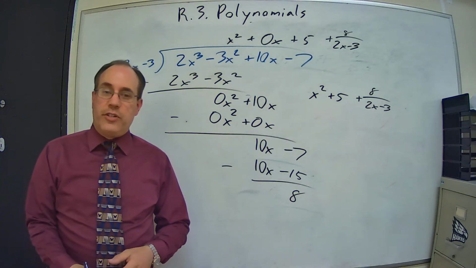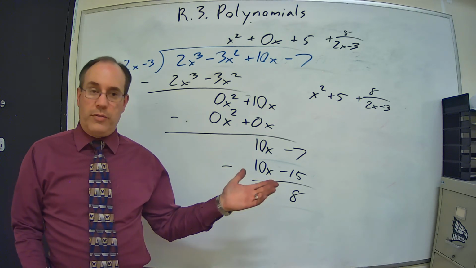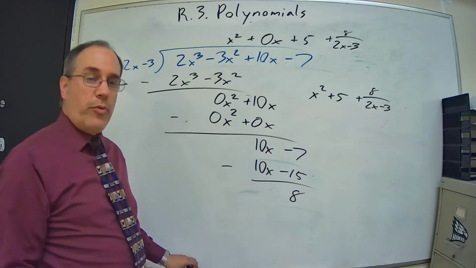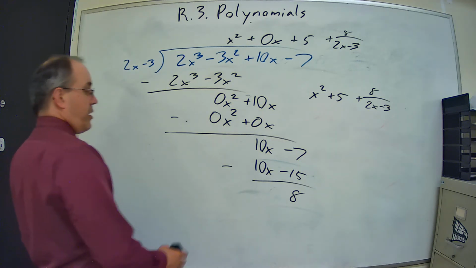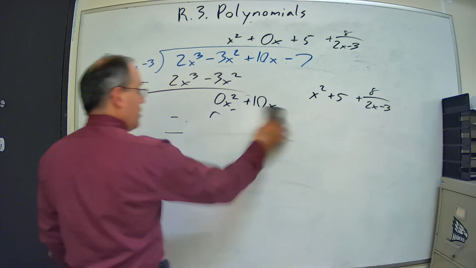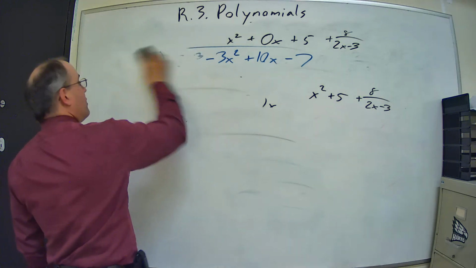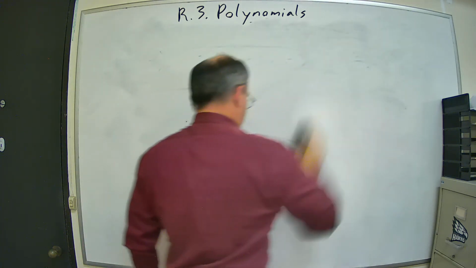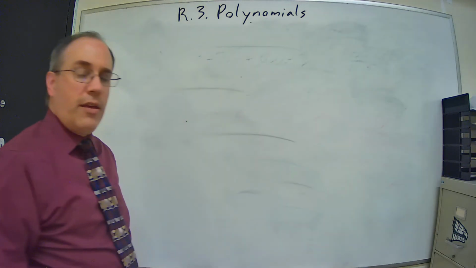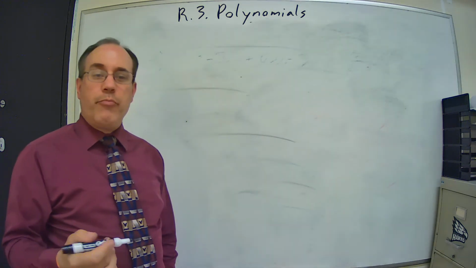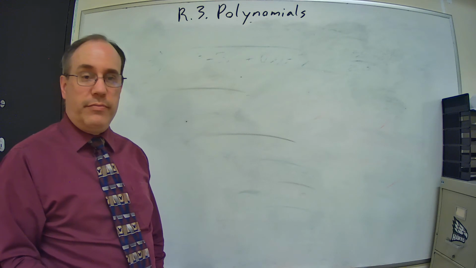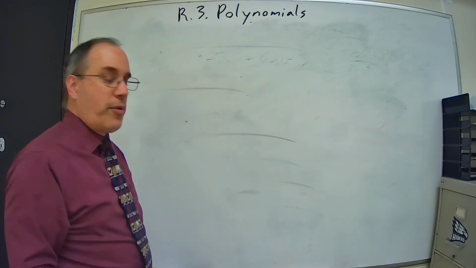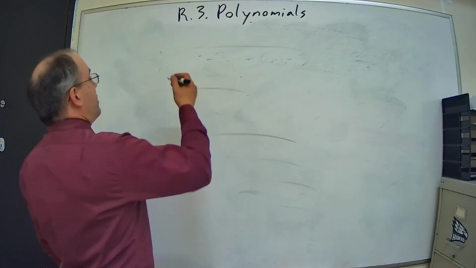So long division of polynomials. Now realize with this, that's long division of polynomials, but there is another thing that we can do with this, and you'll probably wish that I covered this first, but you should already be familiar with this, if we're dividing by a monomial. Dividing by a monomial, we can kind of get away with doing some other things. It's just some cancellation.